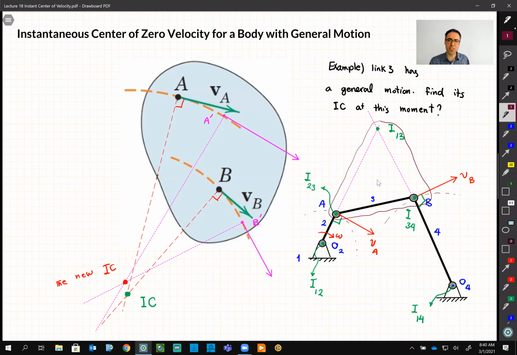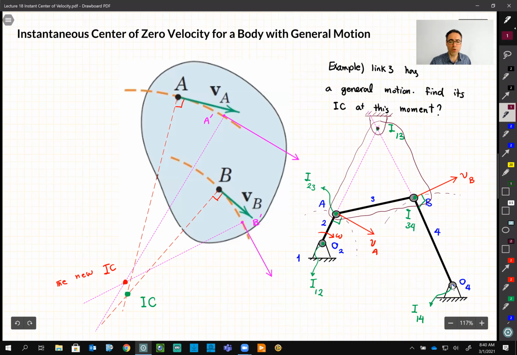This link 3 is part of this large plate that for a very short period of time has been pinned to the ground. But this pin is temporary. In the next moment, the position of this point is going to change. That's why we call it instant center. But link 2's center is always going to stay the same. I12 is always the same.